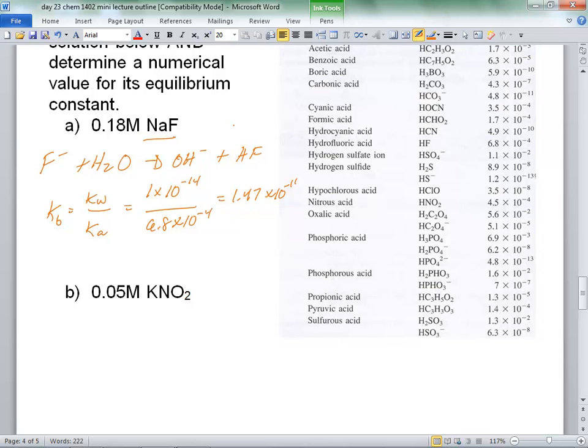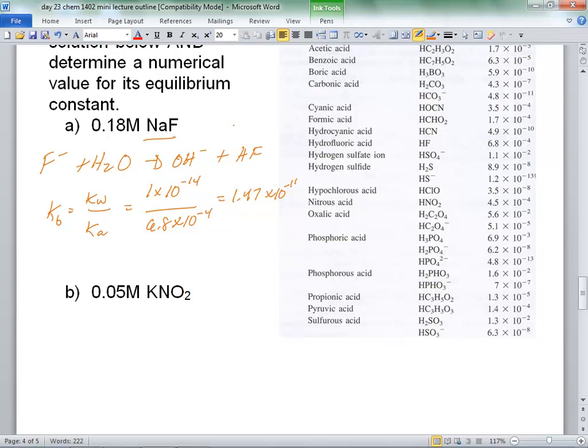You're right. So this one we know is 1 times 10 to the negative 14. This one, you've got to find it in the table. Which acid are you going to look up?